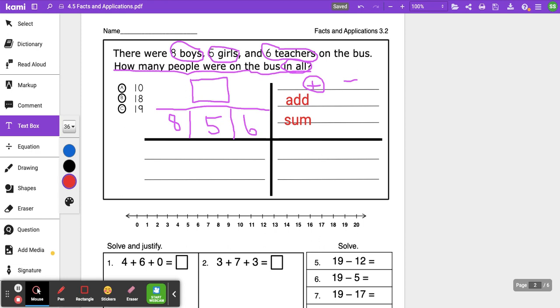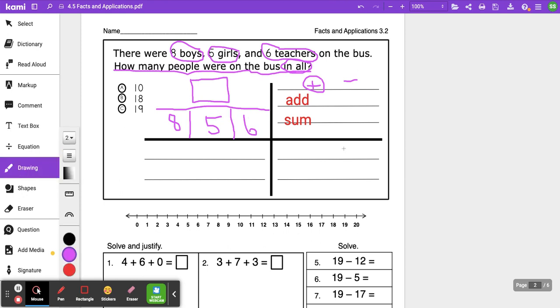Now we need to put the equation. How would I put those together? I need to use each one of the numbers and add it together. So be careful because it's going to be a little tight with the space here. 8 plus 5. And we are adding again, but I don't have to write the plus sign again when I'm writing it up and down vertically like this. 6. Okay. And the line across. 8 plus 5 plus 6.